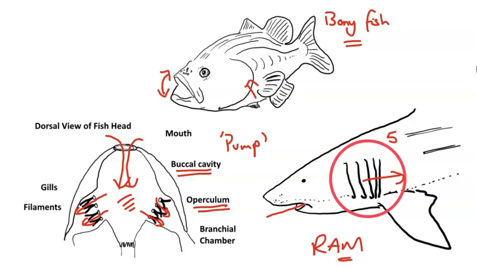The water gathers in what's called the branchial chamber, which is usually covered by the operculum, and then exits through this slit here in the side. By repeating this opening and closing of the mouth and pressurizing the water, the teleost fish is able to maintain the water flow over their gills.